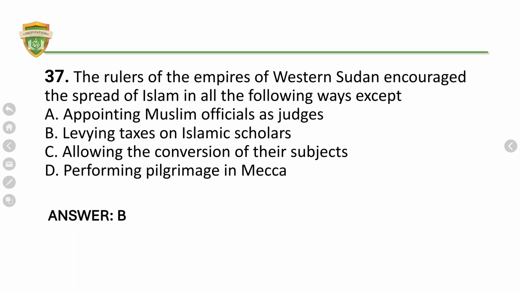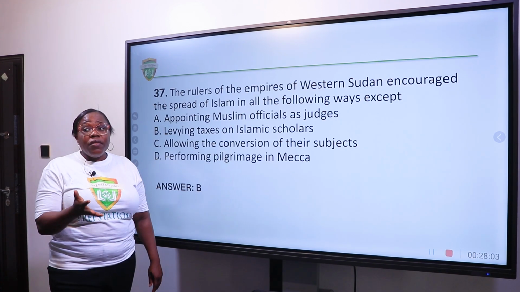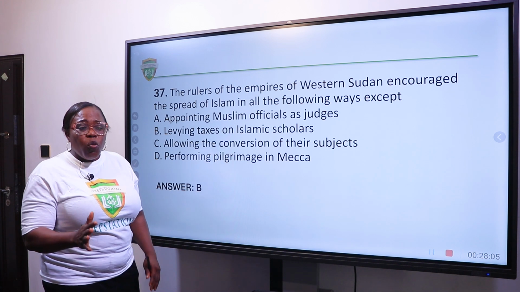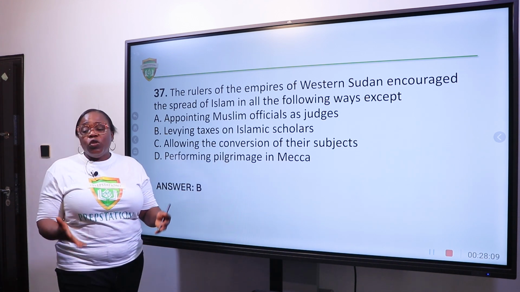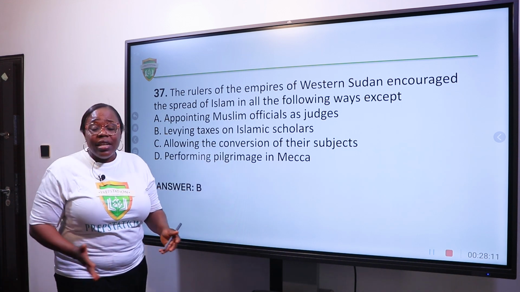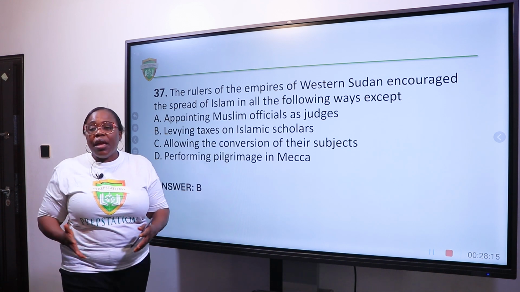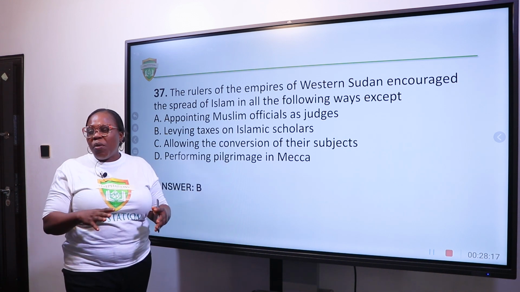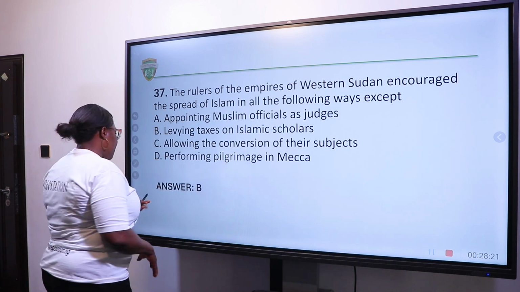In fact, some of these Islamic scholars helped. Some of these kings, some of these rulers came to meet Islamic scholars. They served as advisors to the kings, helping them in taking decisions that will affect their empires. So take note of this.